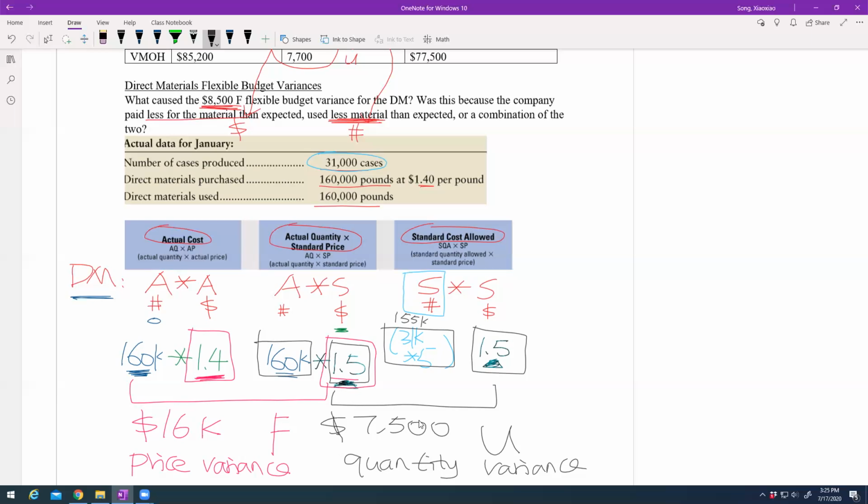Why? Because we should have just used 155,000 pounds, but actually we used 160,000 pounds.